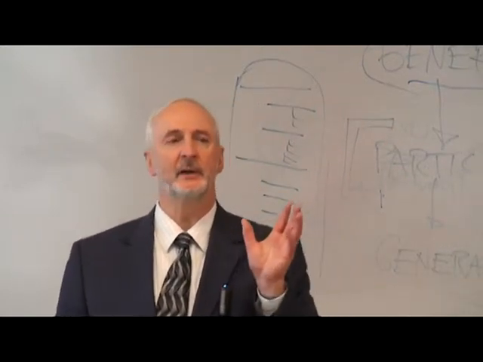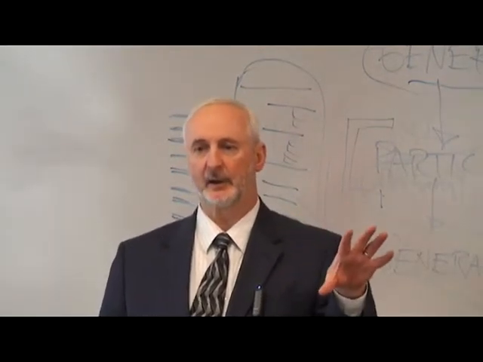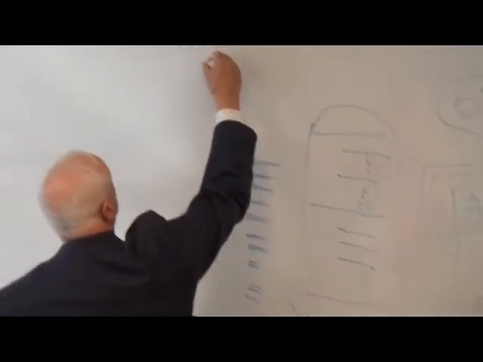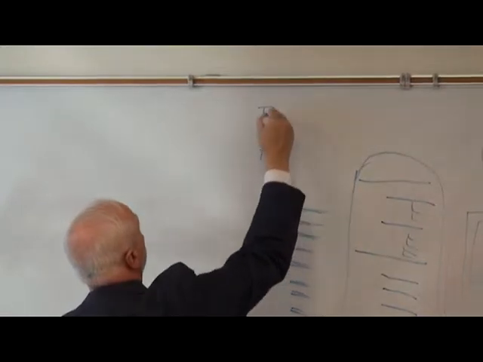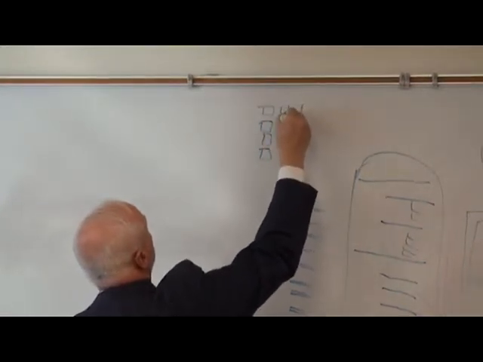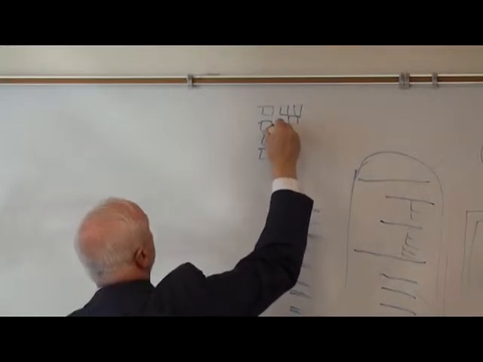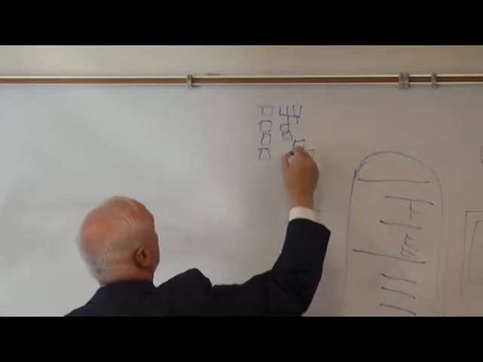But all of a sudden, I noticed that the way the books were organized was actually this way. A book here, a book here, a book here, and so on.